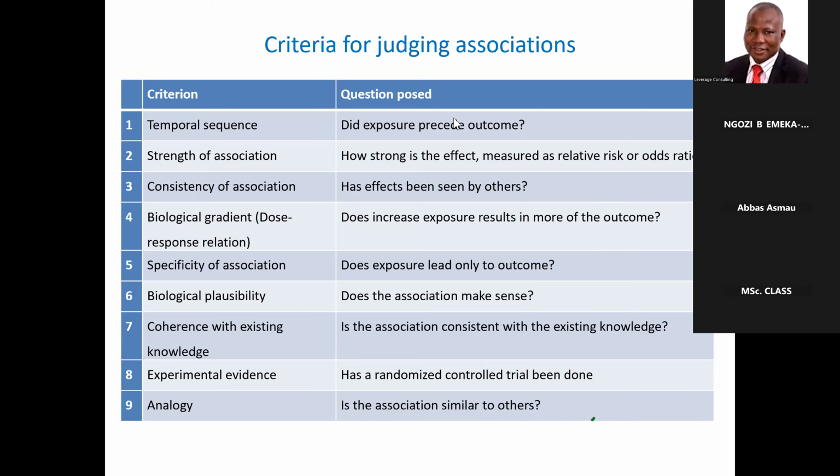That is, that particular thing is the only thing causing it. When they say tuberculosis bacilli, it's only tuberculosis it is causing. If it's causing other things, you cannot always say that it's the one causing tuberculosis. So that one also. Then biological plausibility.